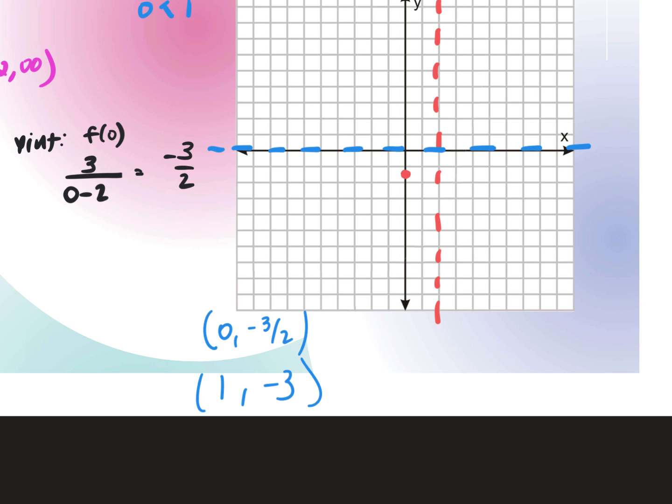Oh, never mind. I'm not going to do that one because that's my intercept. So negative 1, negative 1. And then I have positive 1, negative 3.